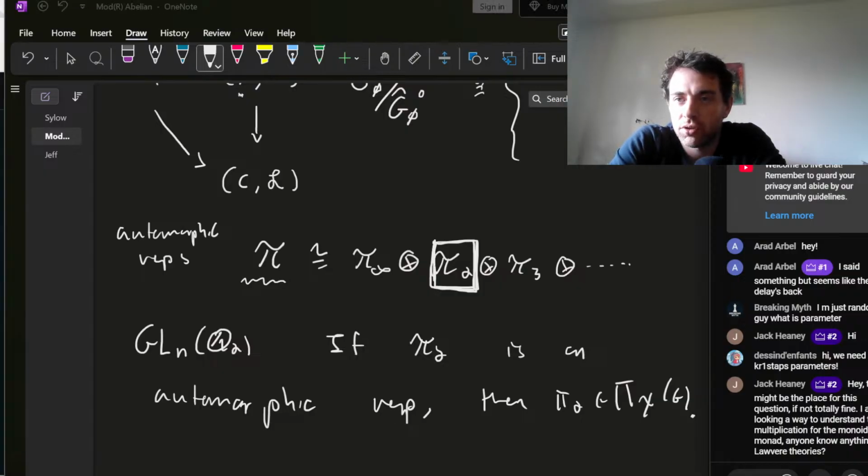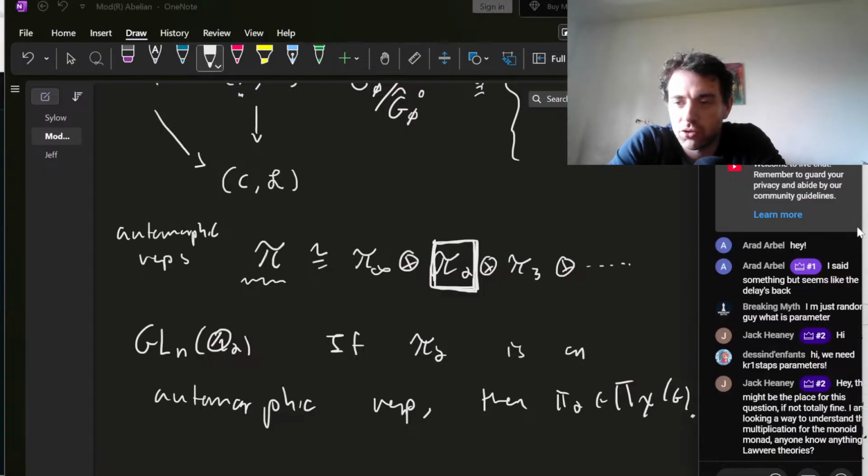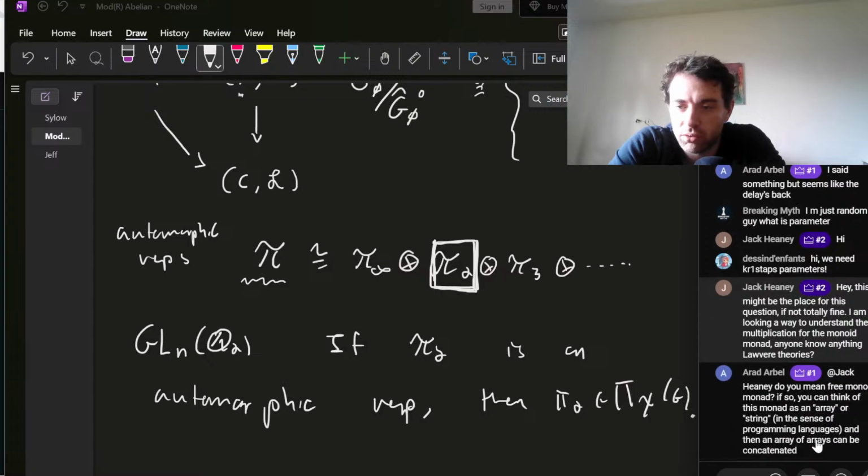Might be the place for this. It's definitely the place for whatever question you're about to ask. Just gotta make chat a bit wider. You're looking for a way to understand multiplication for the monoid monad. Anyone know anything about Lawvere theories? I don't, personally. The free monoid monad?